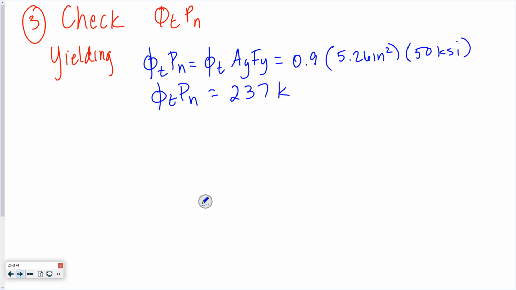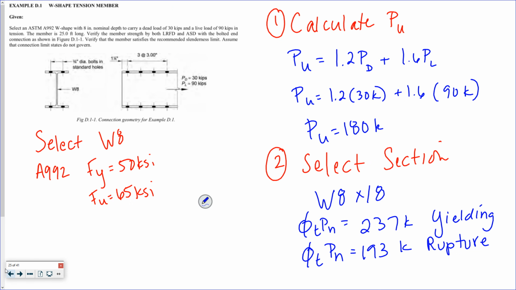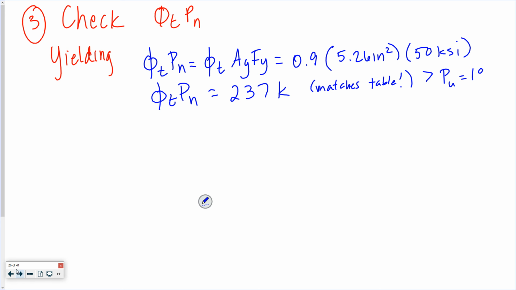Right? The table's not lying, right? The table actually uses these equations that they say they use. So it matches the table, and that is greater than our required strength of 180 kips. So, okay, yielding is fine.